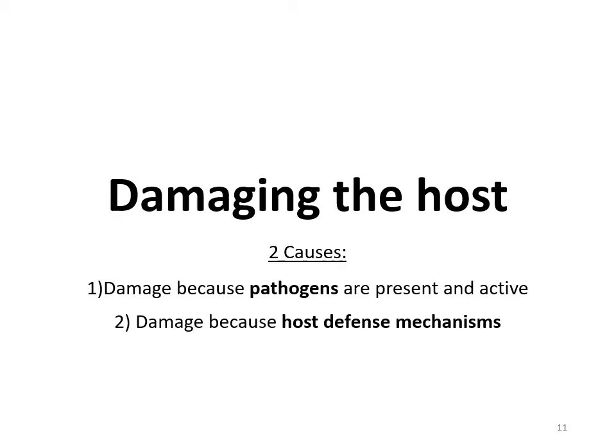The damage can either be because of the pathogen itself being present and active, or the damage to your body can actually be because of your own body, because your immune system is trying to fight those bacterial cells or those viruses and accidentally, friendly fire, injure your own cells or damage your own cells and tissues. Okay, so if you think about things like excess inflammation, your immune system's trying to help you, but it can also be quite problematic if you have too much inflammation.